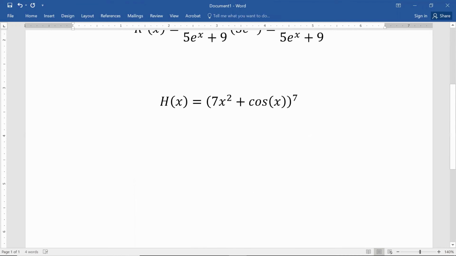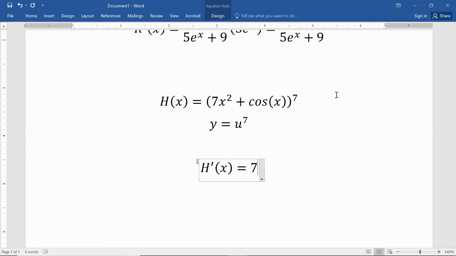Let's take a look at h of x. You should think of this as a y equals an expression which is like a u to the 7th power. So if you're taking a derivative, you should take 7 times that expression to the 6th power.